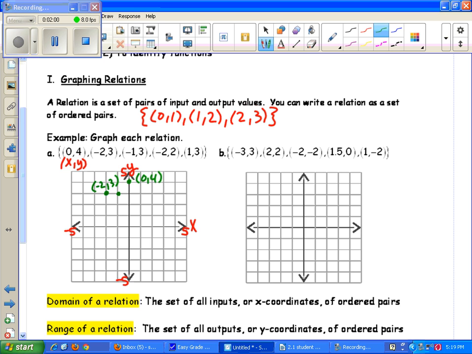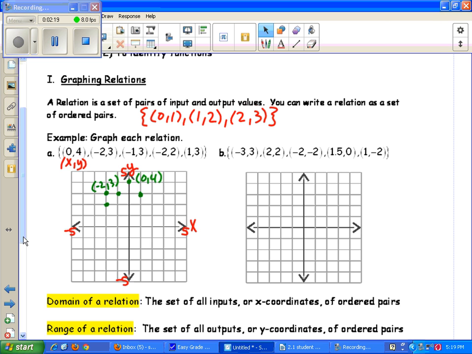It'll be right there. And then the next one we have is (-2, 2), so left 2 and up 2. And then we have +1, so right 1, up 1, 2, 3. I just didn't write all the names there.